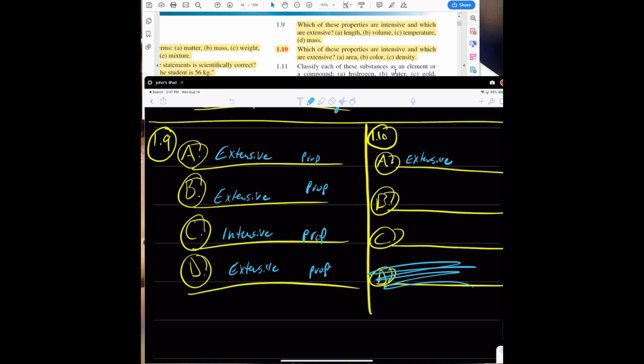No, it doesn't. It's still green, right? So that would make it what? Intensive. Because it does not depend on the amount of matter being considered.